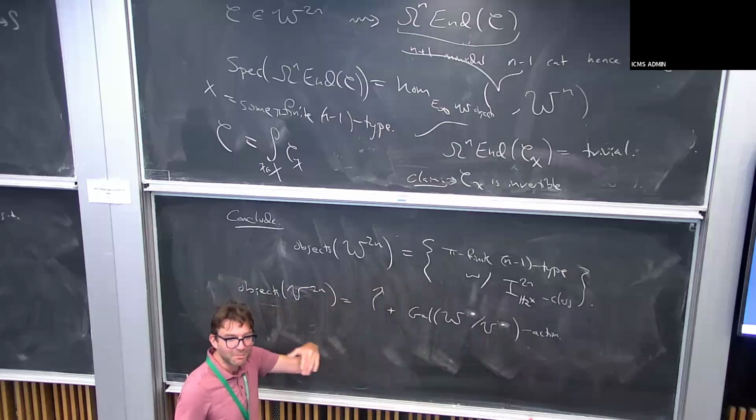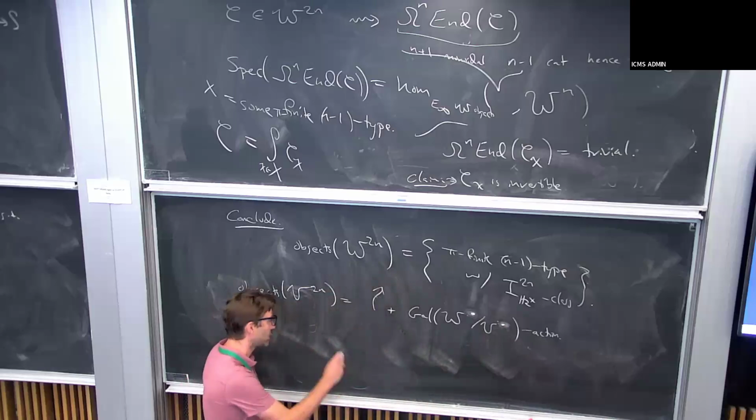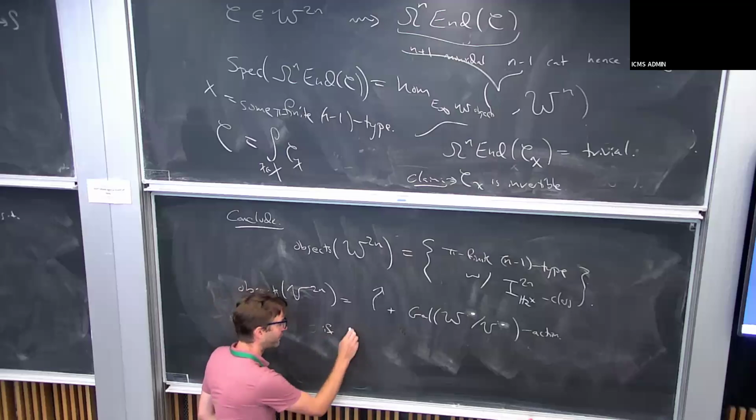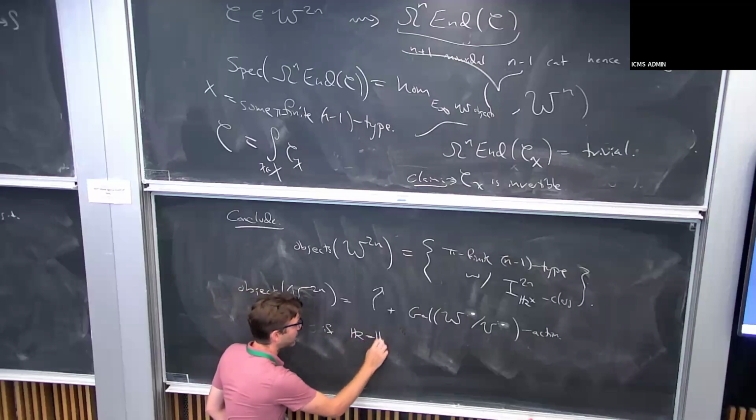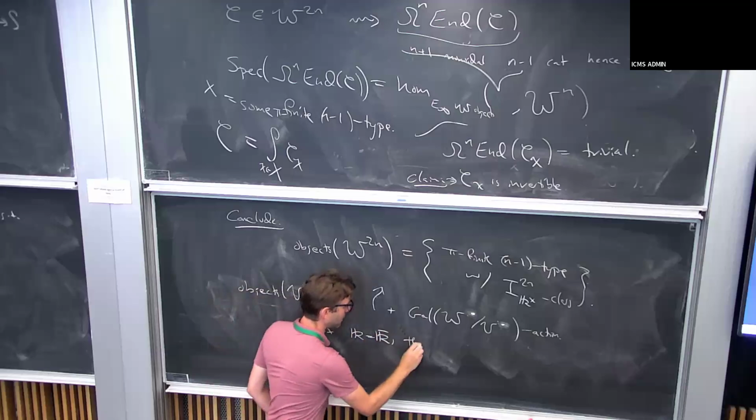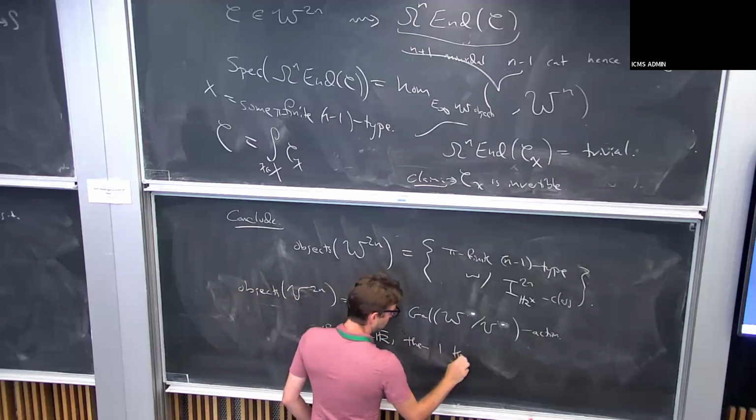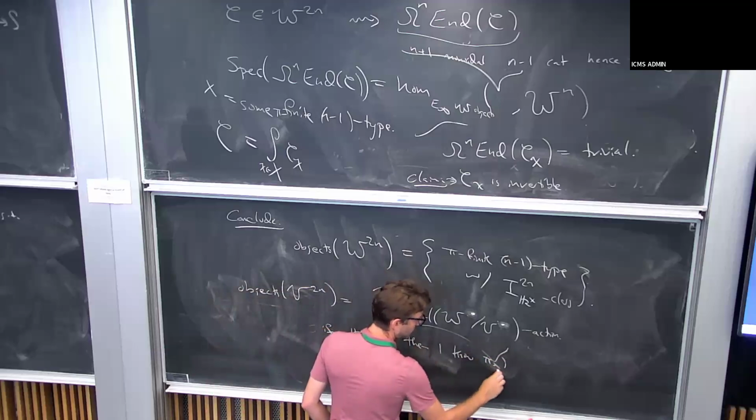You still assume that V is algebraically closed? That's right. If I start with an algebraically closed field, then I know the homotopy groups of this guy.